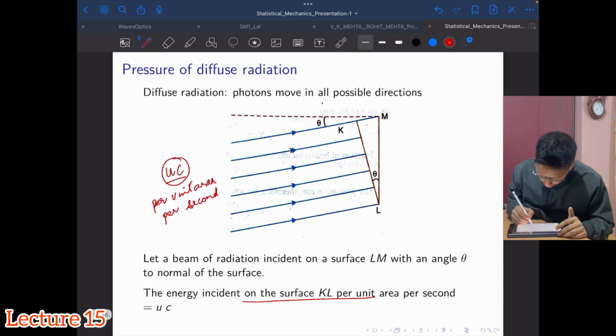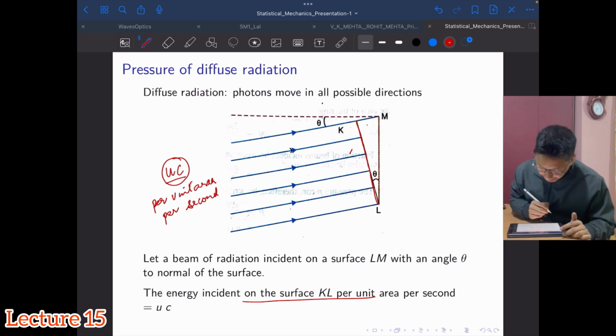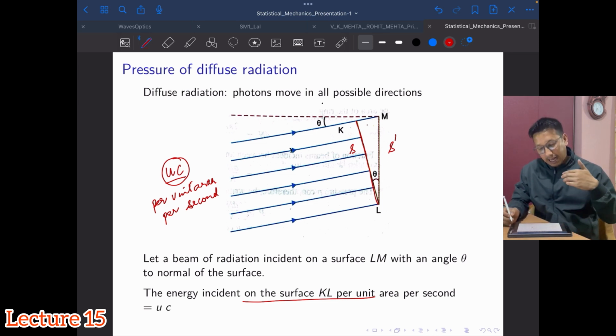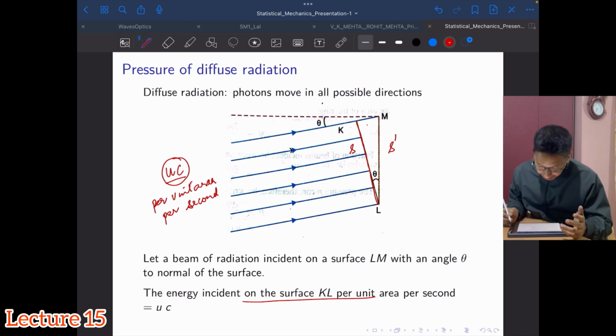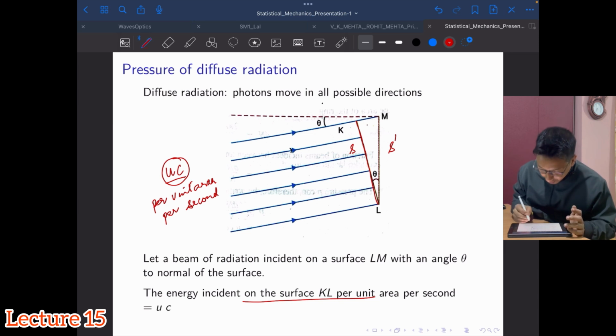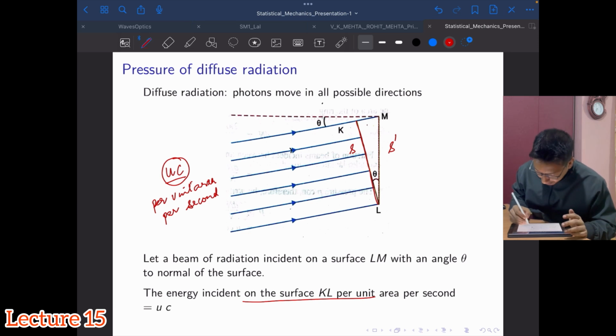But from this figure, the area of the KL plane that we have considered is small s, whereas the area of the LM surface is S dash. If I think about these two surfaces and their normals, the normals of the two surfaces make angle theta. So I can write that S is equal to S dash cos theta.